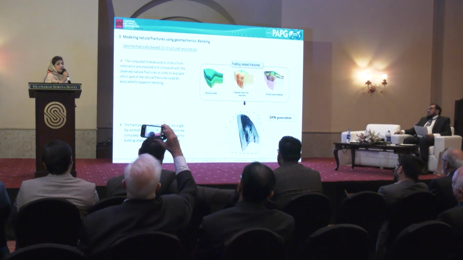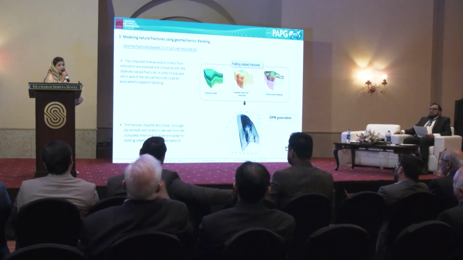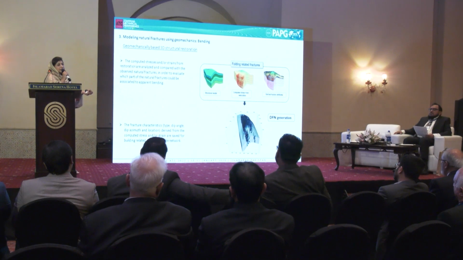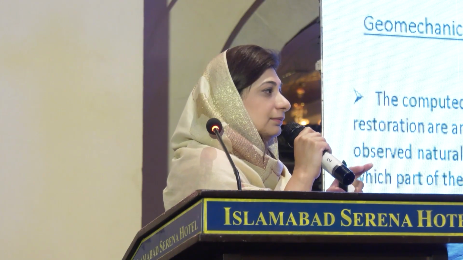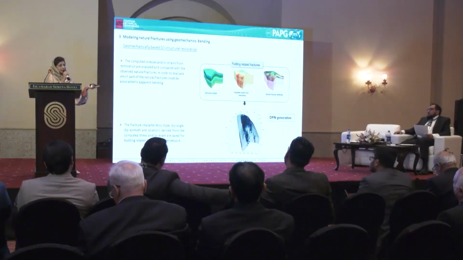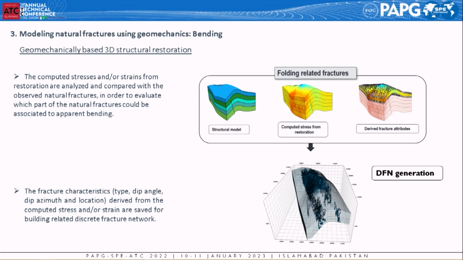And last is the geomechanical based restoration, where the top of the reservoir was initially flattened out, and then on the basis of the stress inversion, a forward simulation method was adopted to restore the top to the present day stage and see how many fractures can be encountered while using this approach, which is for the bending at the current state.